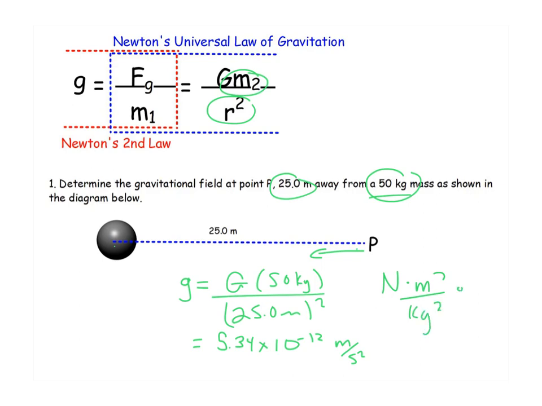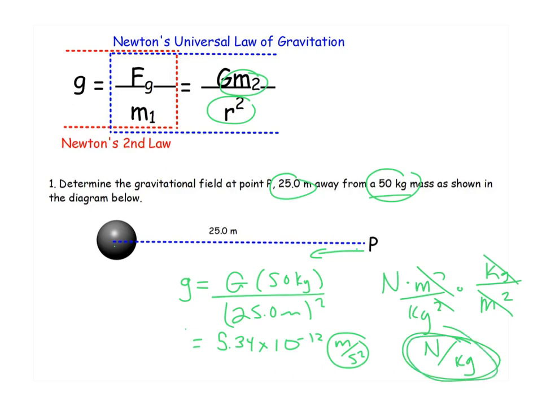And then we're multiplying that by kilograms over meters squared. So we can get rid of that and that. Another unit is newtons per kilogram, and you might see that a lot talking about gravitational field strength. It's the amount of force per kilogram that the gravitational field exists. So you can use the unit of meters per second squared, or you might see newtons per kilogram. Those are equivalent units.